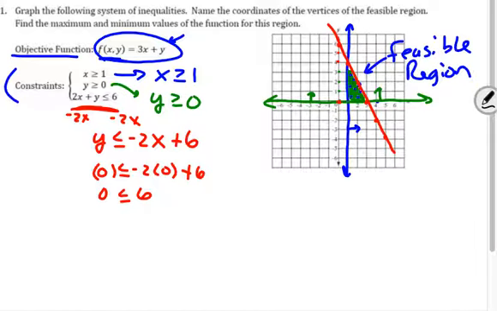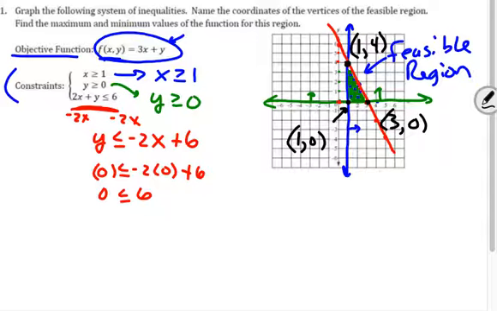Here's my first vertex right here, and that vertex is 1, 0. Here's another one. That looks like it's 3, 0. And our one up on top here, that's 1, 1, 2, 3, 4. That's 1, 4. So at those 3 points, we're going to generate either minimums or maximums.